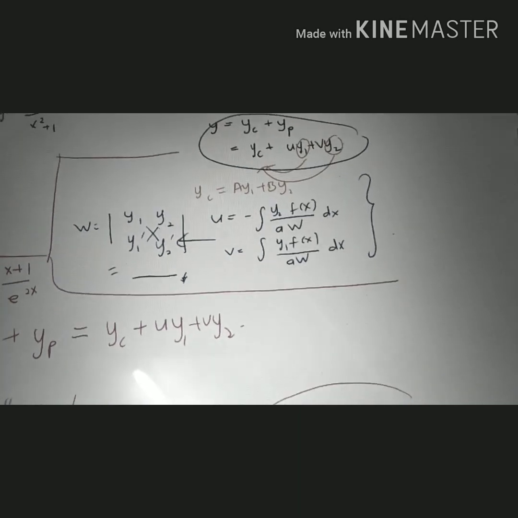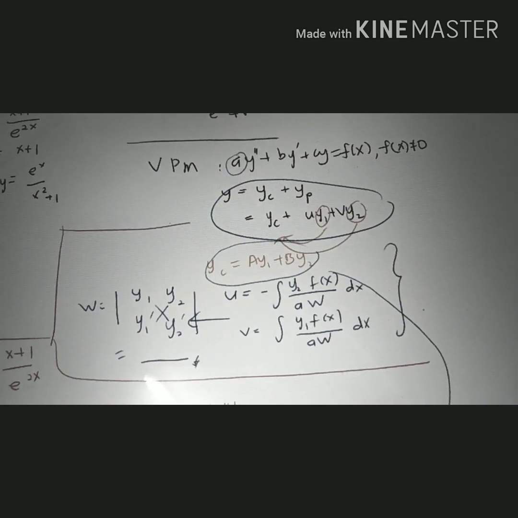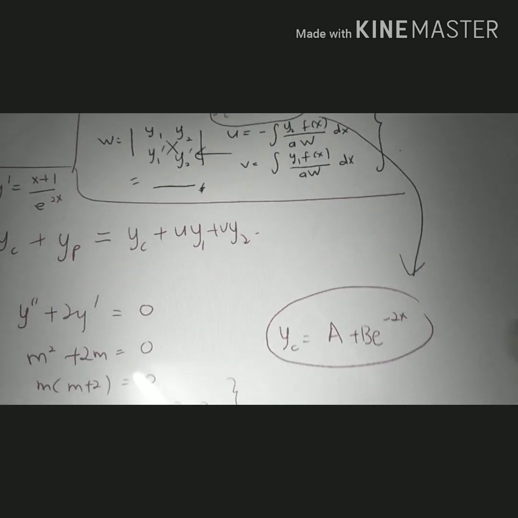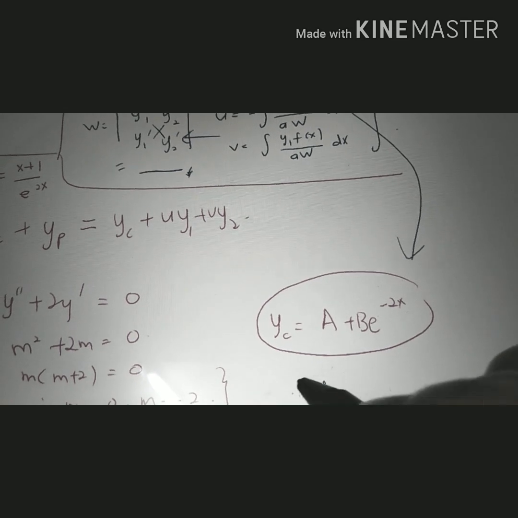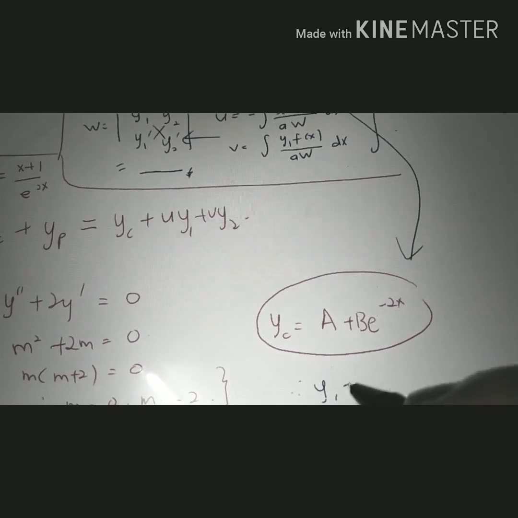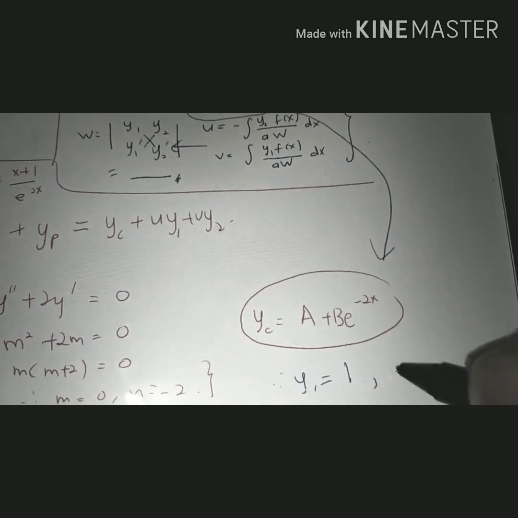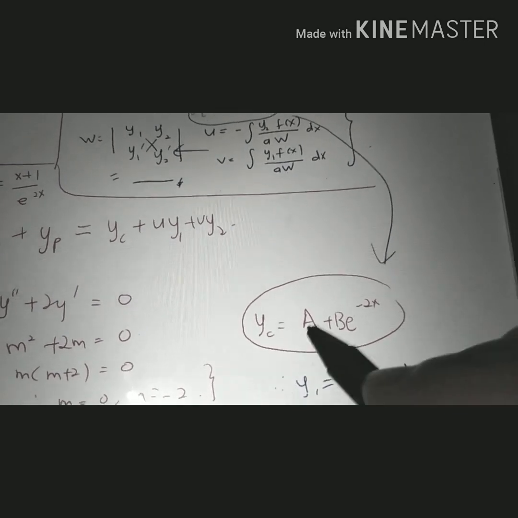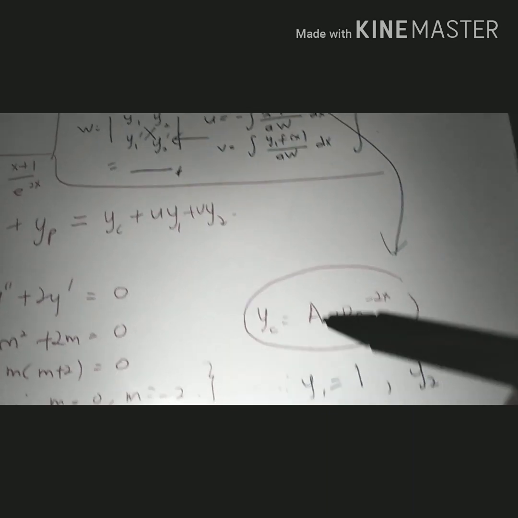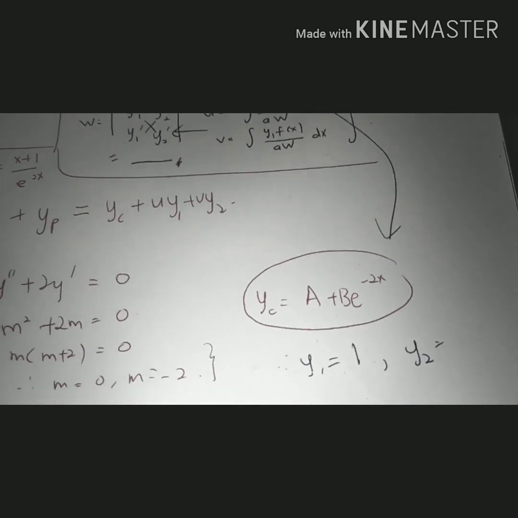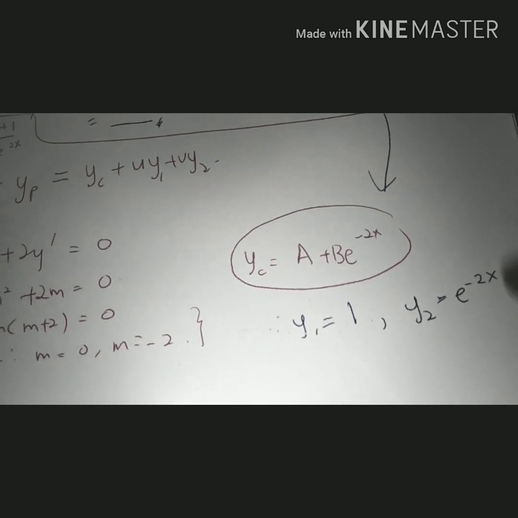Y1 and y2 come from here. Therefore y1 is e to the 0x, which is 1. Your y2 is e to the negative 2x.